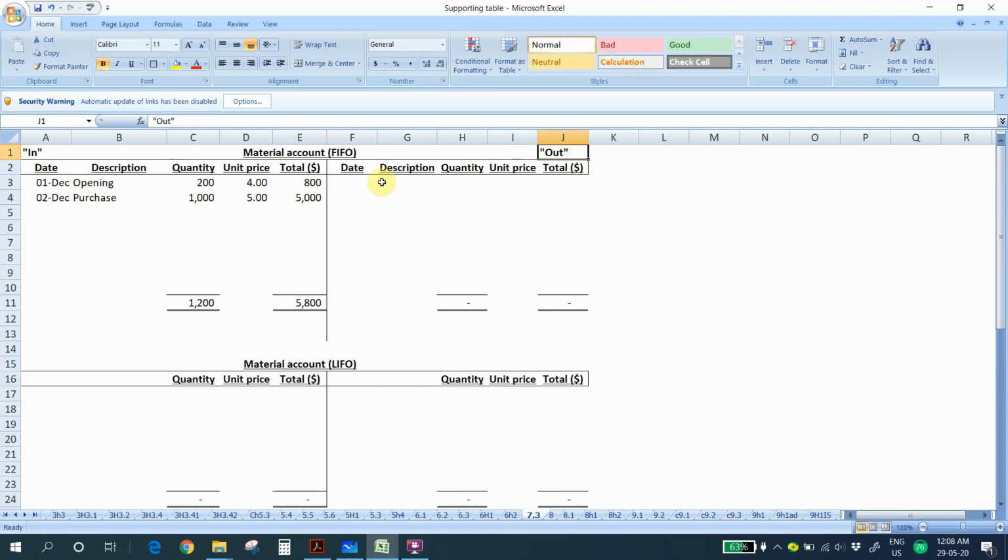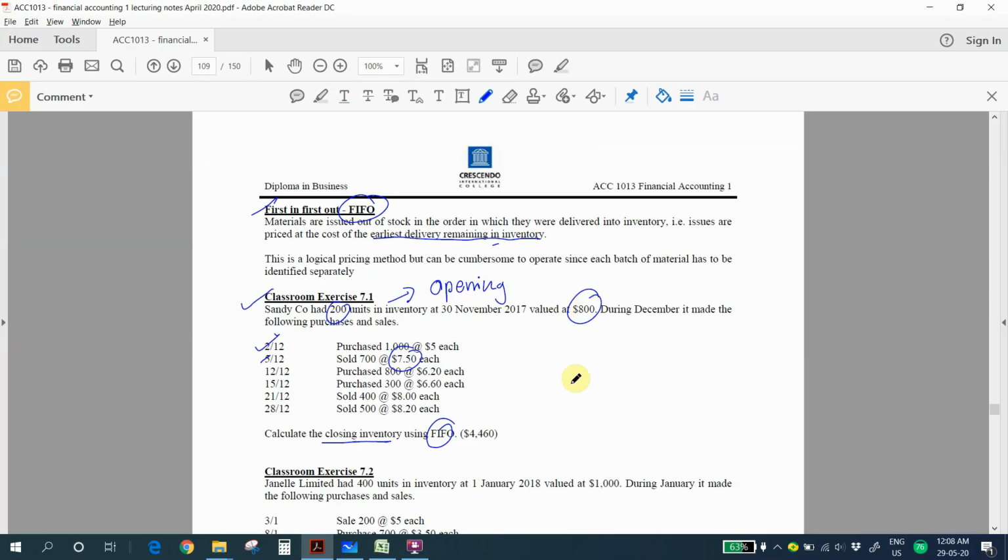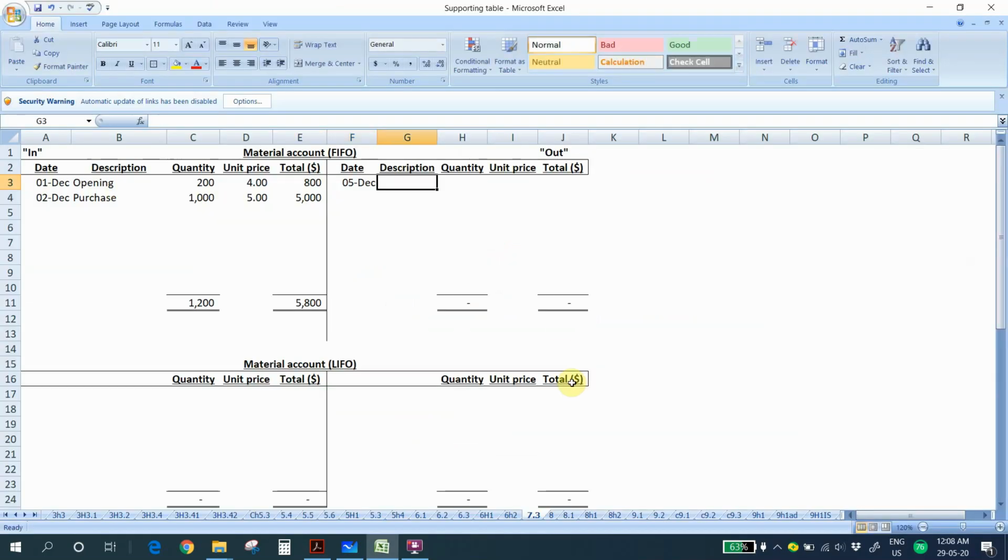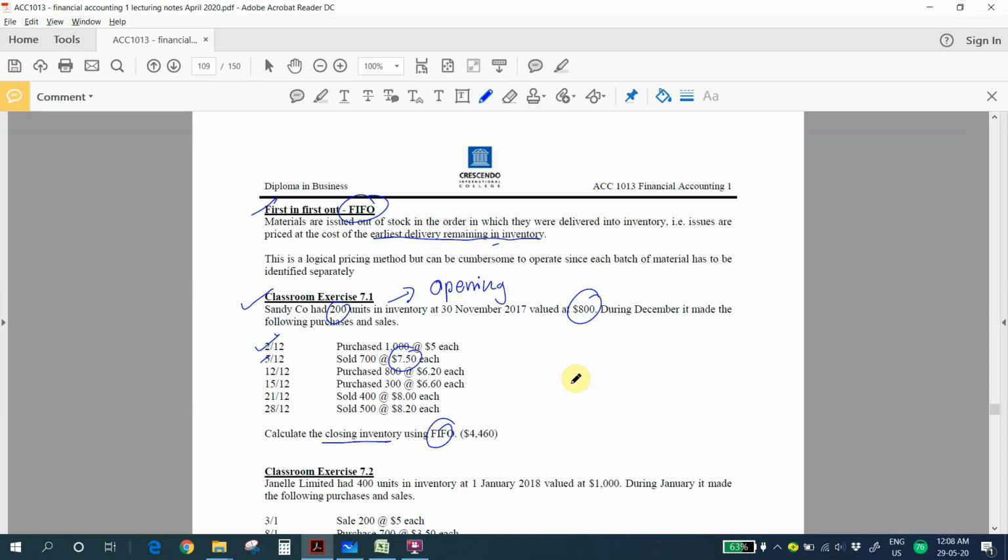The answer is out of inventory because we need to issue out the goods to the customer, so it's an out entry. So let's indicate 5th of 12th. Description, we write sold. We sold 700 units at the price of $7.50 each.